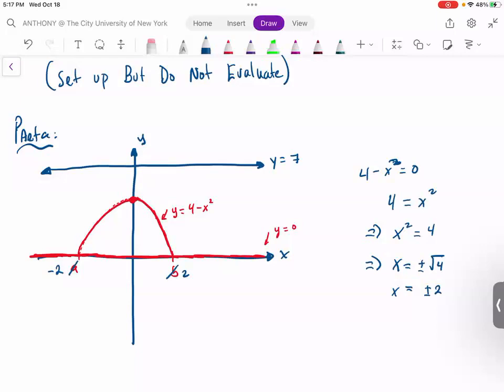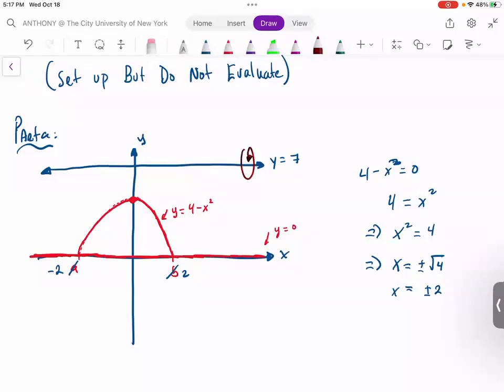All right. So we're, again, rotating about this line, y equals 7. So if I'm rotating about the line y equals 7, there's a couple of things that I need to do. First of all, I need to find the distance between the x-axis and y equals 7.